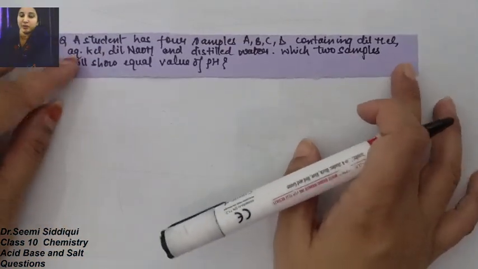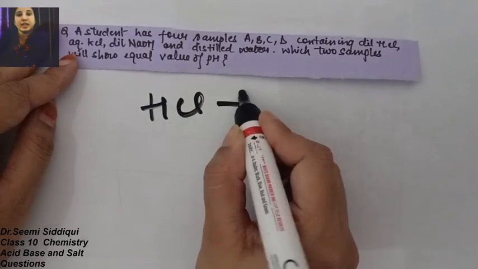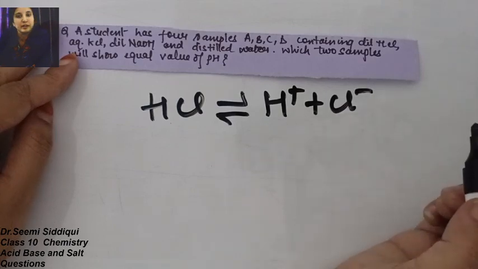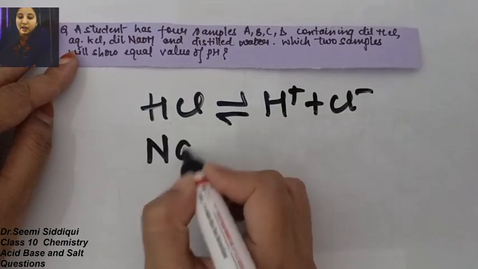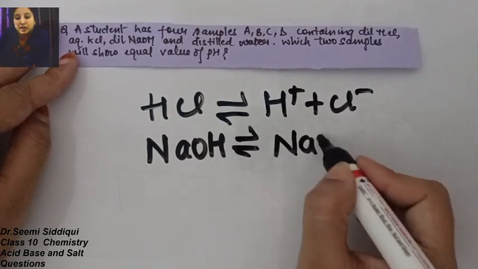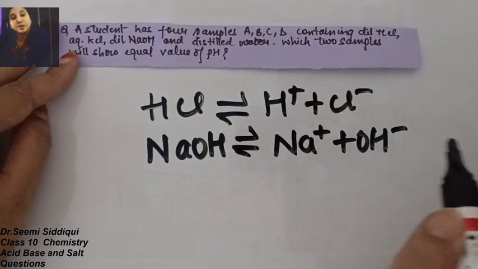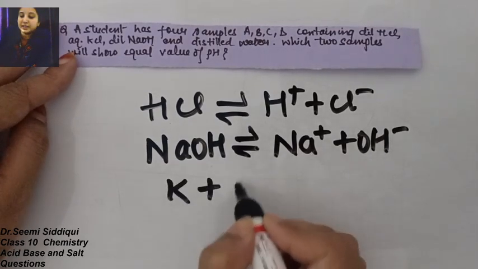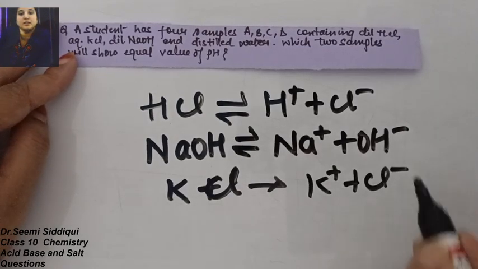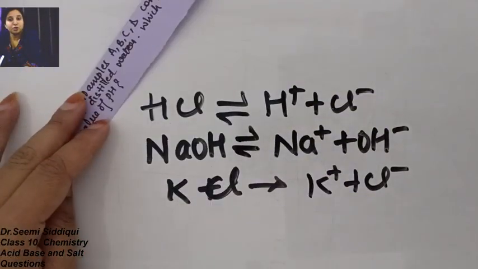If you look here, HCl can dissociate into H+ ion plus Cl- ion. NaOH will dissociate into Na+ and OH- ion. But KCl is going to give K+ and Cl-, and distilled water also the same.